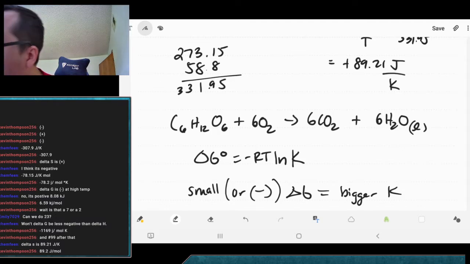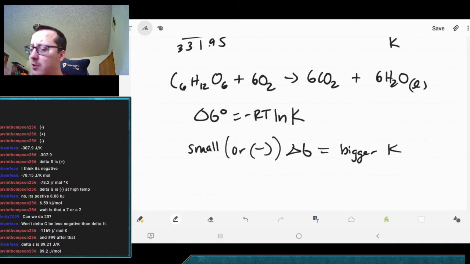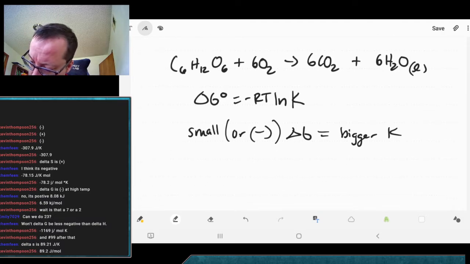So let's bust open our handy dandy thermodynamics sheet. Oh my gosh, we're going to have to calculate delta H and delta S for this. Wait, no, actually we have delta G's in the end of the book, so we can do that.